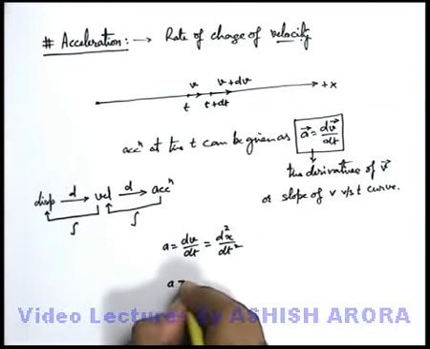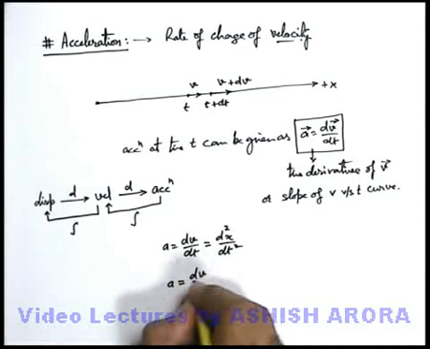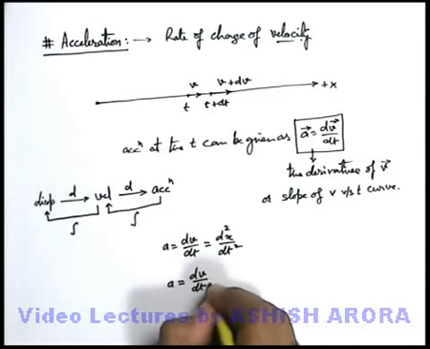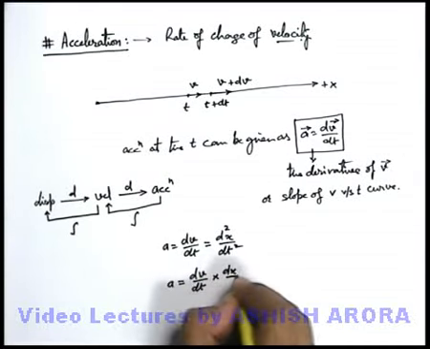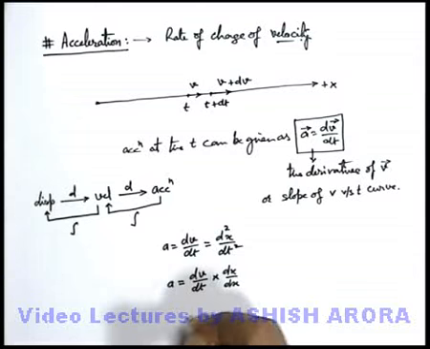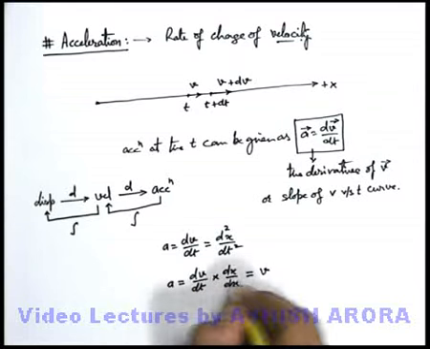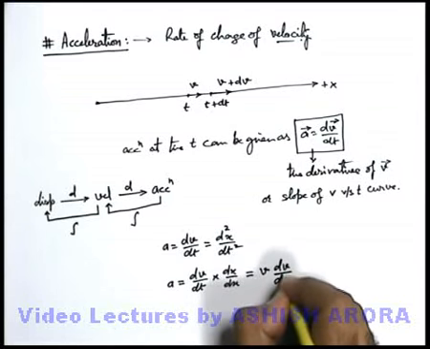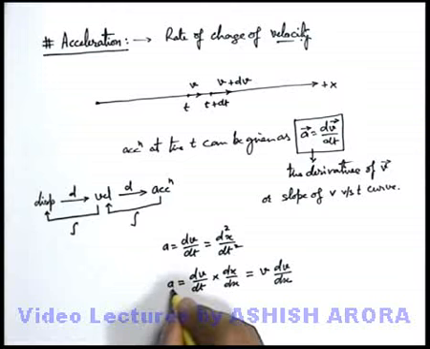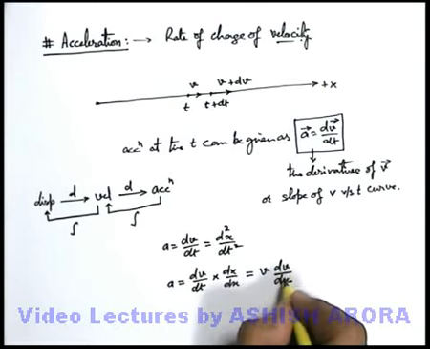There is one more way in which acceleration can be written: if it is expressed as dv by dt multiplied by dx and divided by dx, then dx by dt can be written as v, giving v into dv by dx. This is another way of expressing acceleration as velocity multiplied by the slope of the velocity-displacement curve.